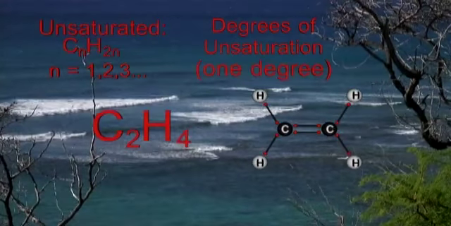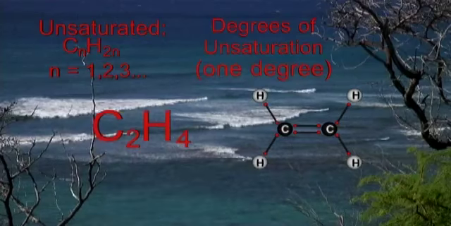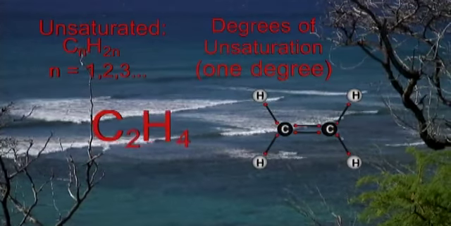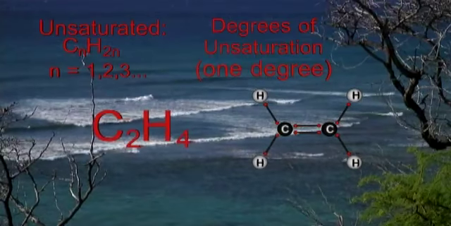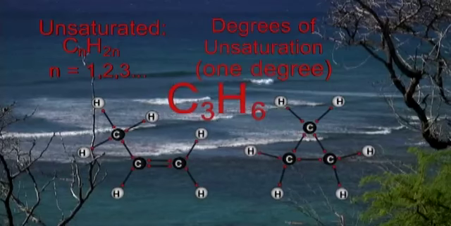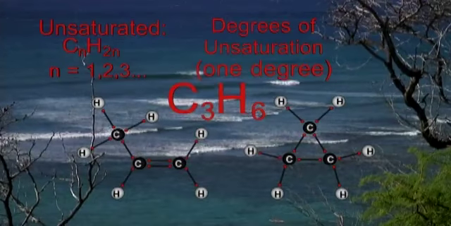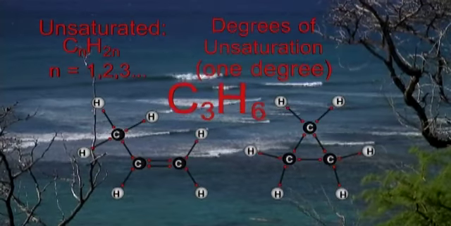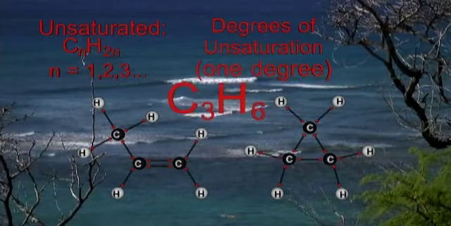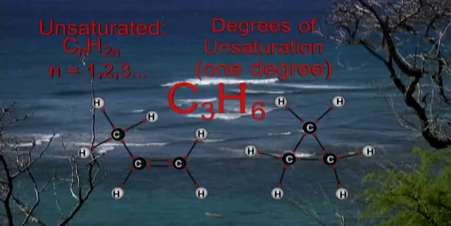However, C2H4 is short 2 hydrogens, and we say it has 1 degree of unsaturation, which fits the general formula CnH2n. In addition, C3H6 had 1 degree of unsaturation, which also fits the CnH2n formula. Therefore, if a degree of unsaturation exists, one can introduce a double bond or a ring.